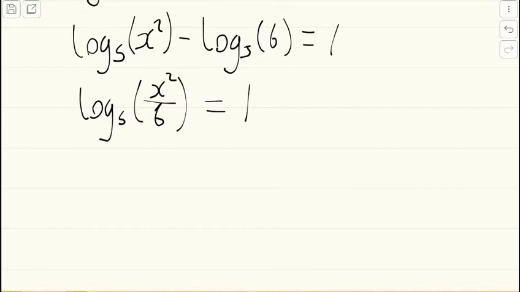Okay, and at this stage, again, log to the base 5 of x squared over 6 equals 1 means to get from 5 to x squared over 6, I have to raise 5 to the power of 1. So that means that 5 to the power of 1 is equal to x squared over 6. And at this stage, I'm going to simplify, so that becomes 5 equals x squared over 6.